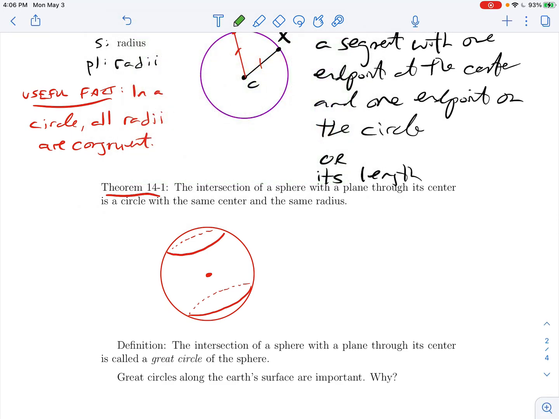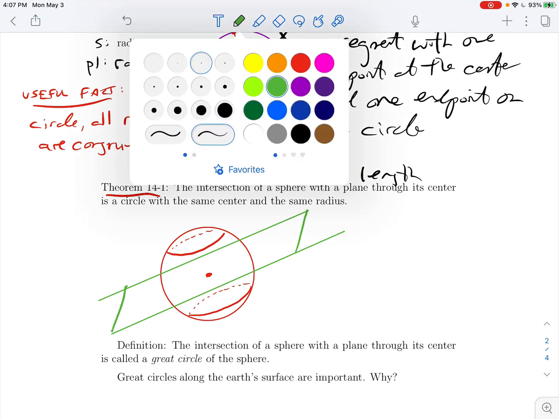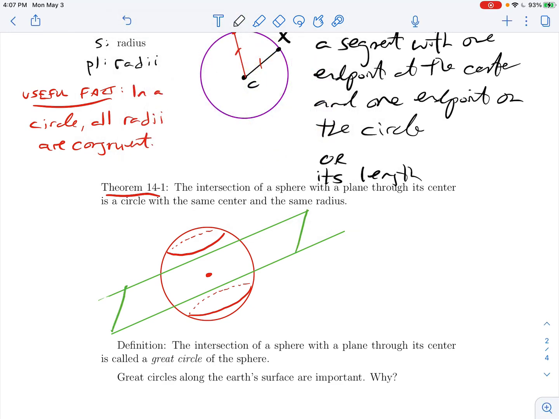And now imagine that I have some plane that goes through that center. Don't worry about drawing this picture. You can just look at mine.